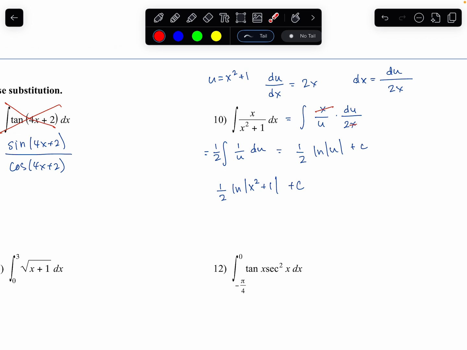So if I have this constant here, the derivative of the natural log, so this would be 1/2 times 1 over x squared plus 1. And then the chain rule, multiply by the derivative of the inside, that's going to be 2x. But you can see that the 2's would cancel, leaving me with x over x squared plus 1. And that does match what I have right there. Okay.